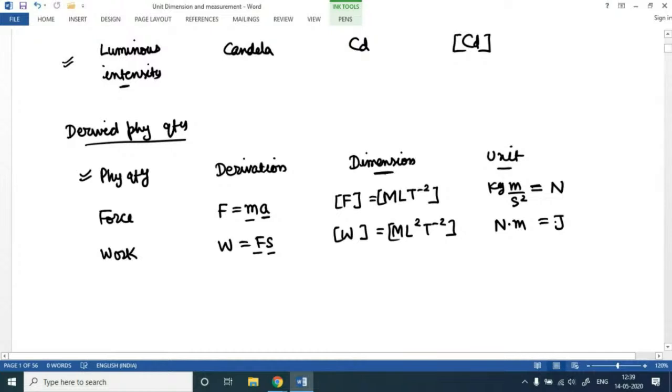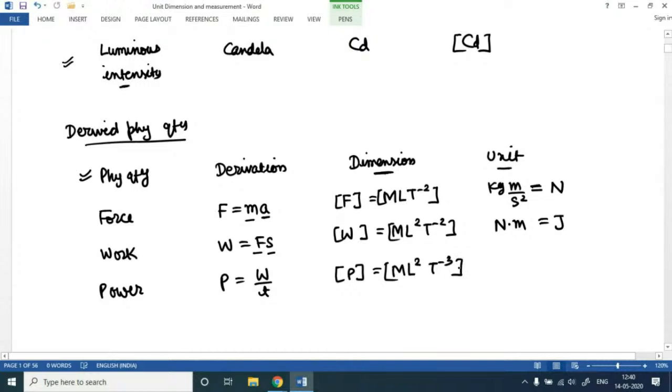For example, power, if we take, power is defined by work done per unit time. So its dimension would be definitely dimension of work upon dimension of time. You can write it as ML square T to the power minus 3.